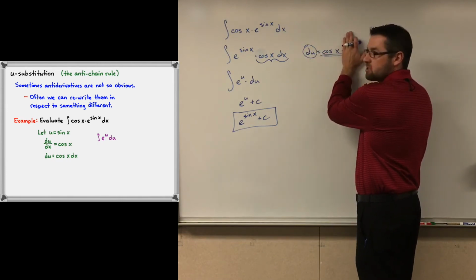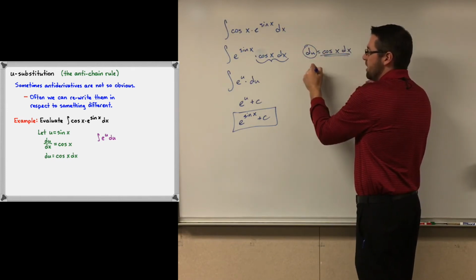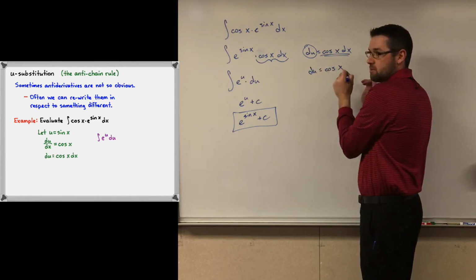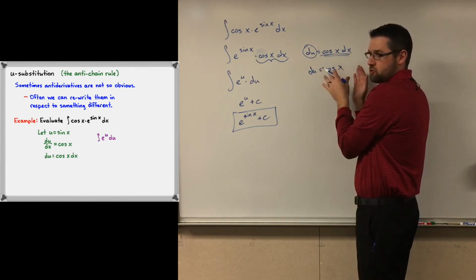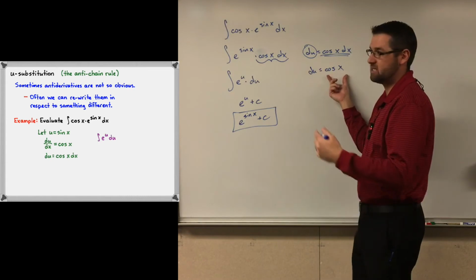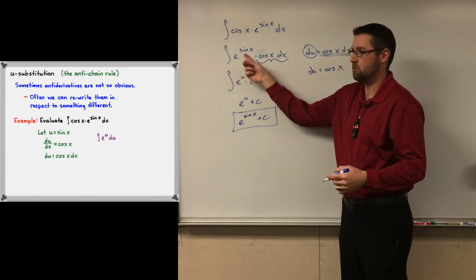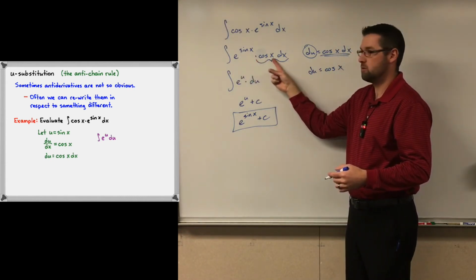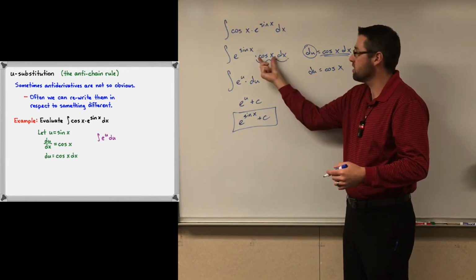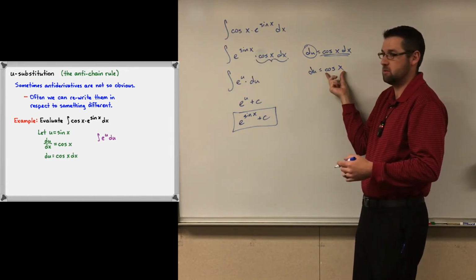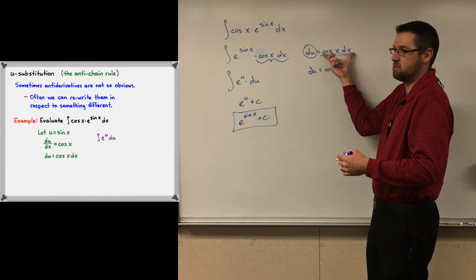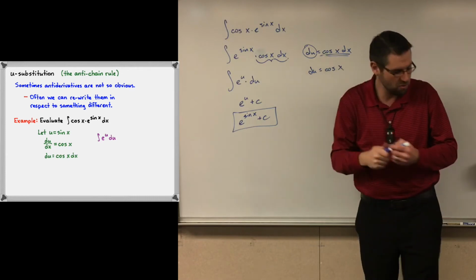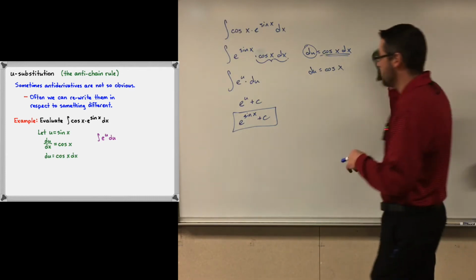It's not just equal to cosine of x. If du equals cosine of x, then I agree, this would be e to the u times du dx, because the only thing I'm replacing here is cosine of x. But I'm replacing all of this with du. Okay, well, when we do more practice, you'll see.